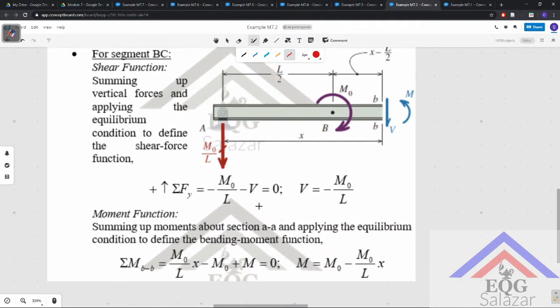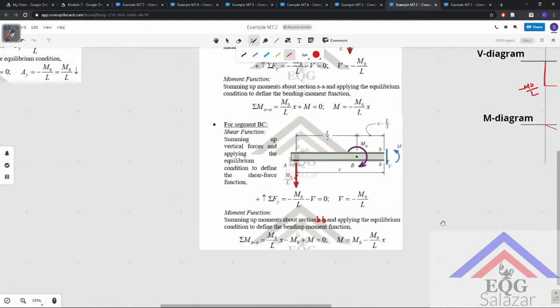Next, the moment function will definitely be affected. Summing up moments about B, and applying the equilibrium condition to define the bending moment function, we have M naught over L times x, which produces a counterclockwise moment, minus M naught, which produces a clockwise moment so that's negative, plus M equals 0. And you will end up with M naught minus M naught over L times x.